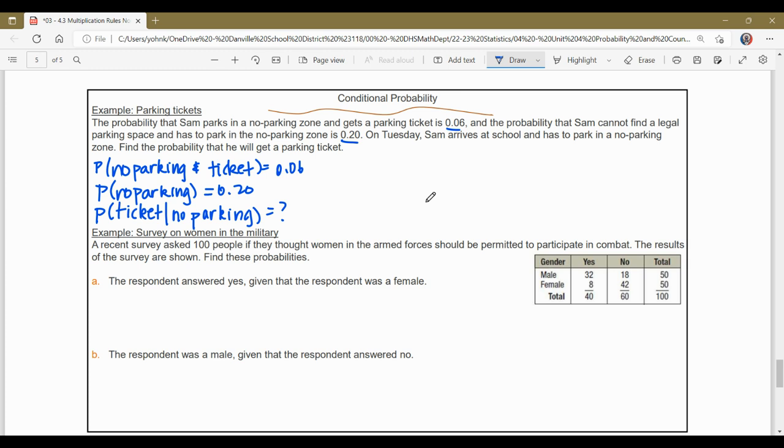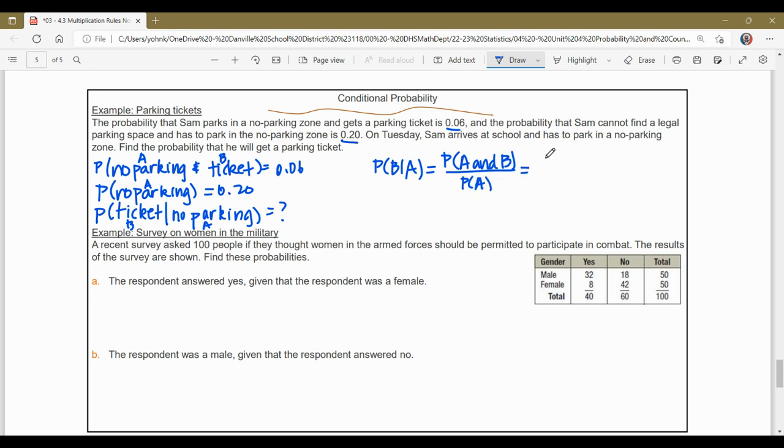So you can think of the no parking as your A and the ticket as your B. So you want to find the probability of B given A. And so you can take the probability of A and B on top and divide by the probability of A on the bottom.